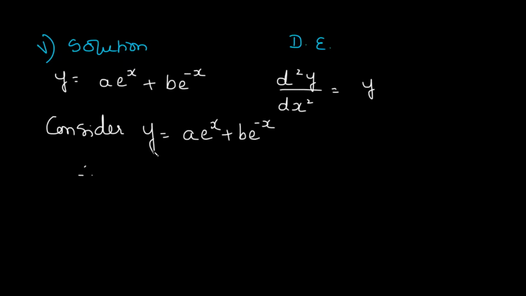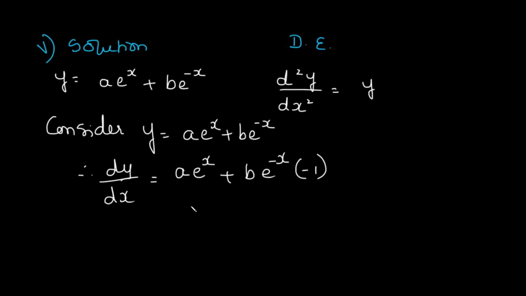Finding the first order derivative, differentiating both sides, we get dy by dx is equal to, a is a constant, so it is written as it is, e raised to x, the derivative is e raised to x itself, plus b is also a constant, again e raised to minus x, and by chain rule we also get the derivative of minus x, which is minus 1.